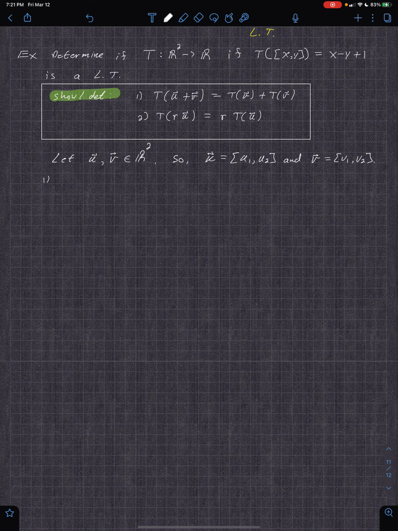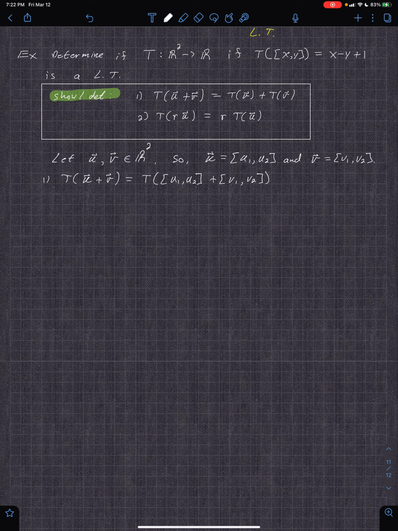So for 1, you're doing T of u plus v. So that's T, and then let's put those in as vectors: (u1, u2) plus (v1, v2). So that's the sum of those two inside the transformation, inside the function.